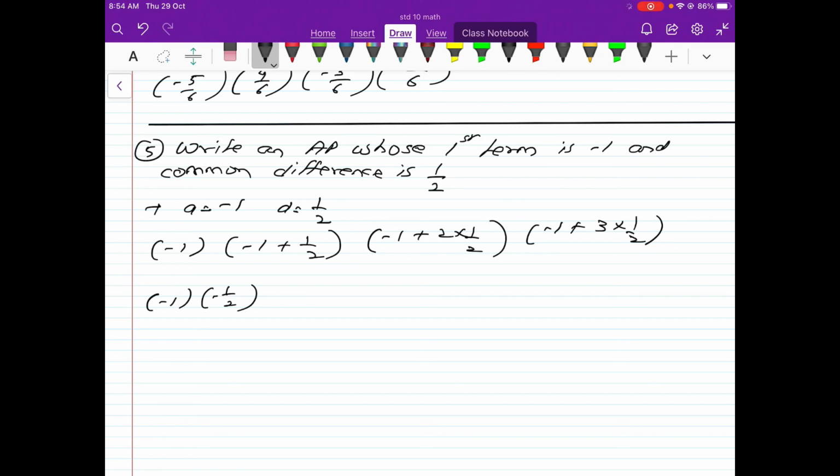This 2 will get cancelled, you will get 0 here, and this is 3 upon 2, so minus 1 plus 3 upon 2, which is 1 upon 2. So these are the 4 terms of the AP. So this is how we form an AP.